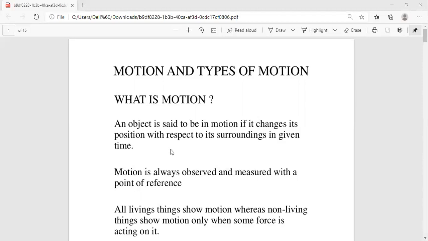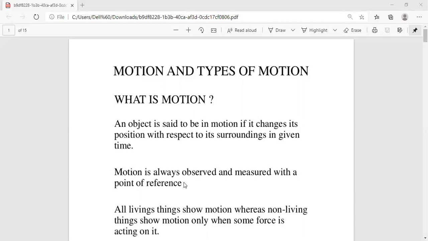Next point is motion is always observed and measured with the reference of a point. Suppose we take any point as a reference point, with that we can observe or measure the motion. And as we know, all living things show motion, whereas non-living things show motion only when some force is acting on them.